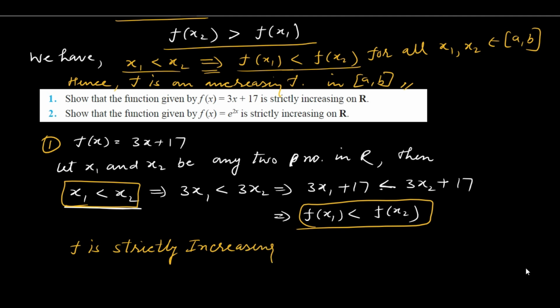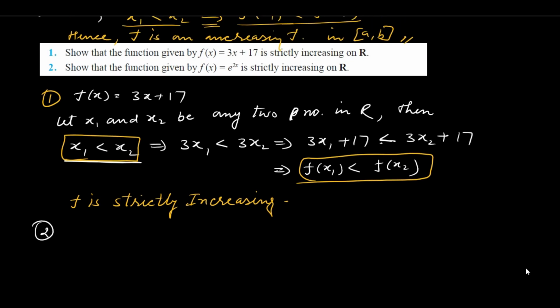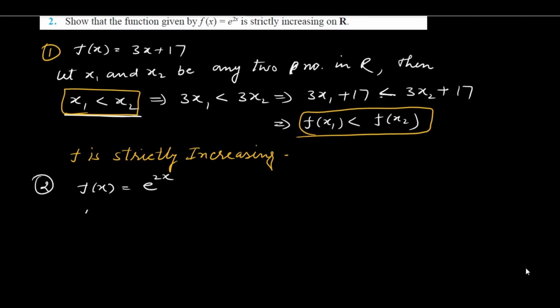Okay, clear? Now the second question is a very simple question. Show that f(x) = e^(2x) is strictly increasing. Here you can find f'(x). f'(x) means e^(2x) into 2.